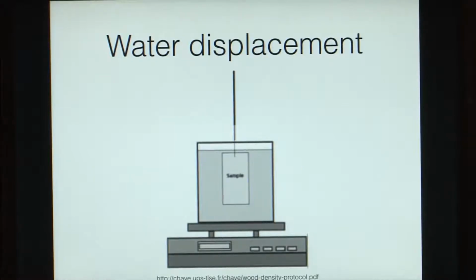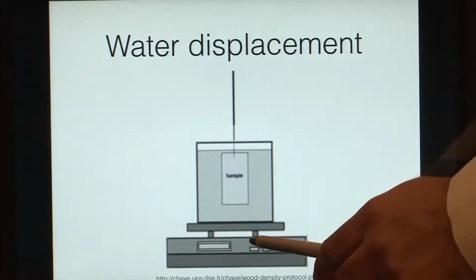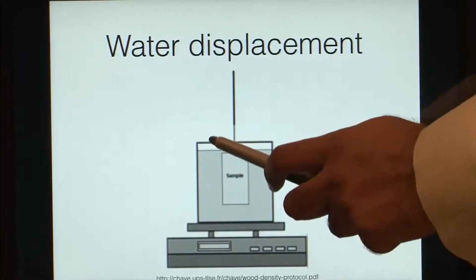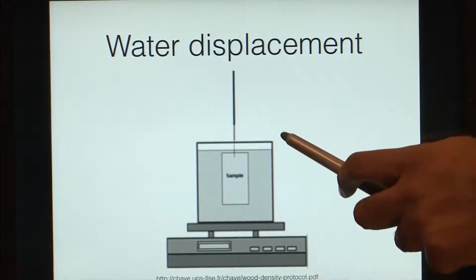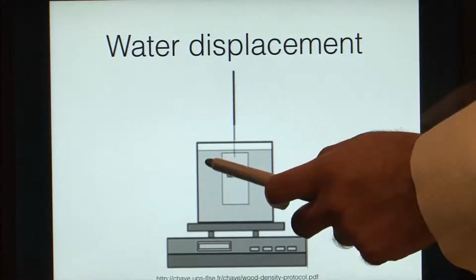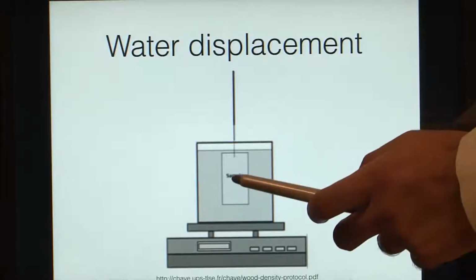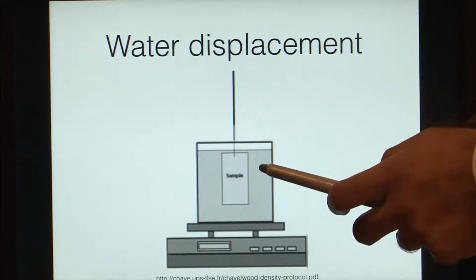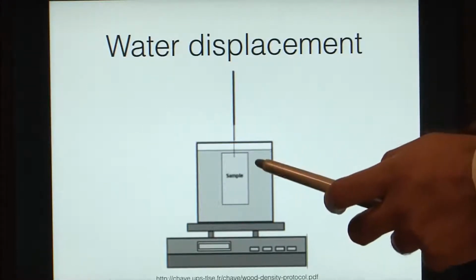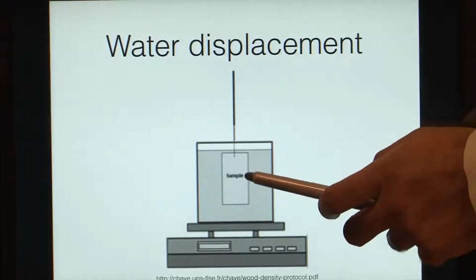What this slide shows us is that here we have a balance. On the balance we have kept a container, say a beaker. This beaker has some water inside. That water is not filled to the brim, but allows for some more water to be filled in. Then we take the sample.